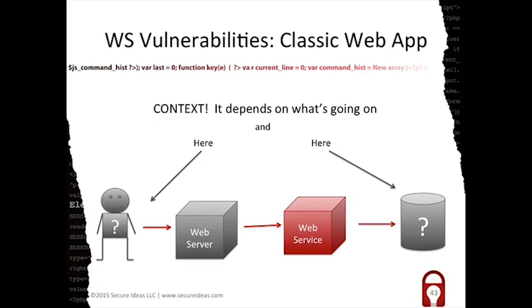In my experience it's better to use a bit of human deduction, I guess, to figure out what is the overall context of the web service, and from there you can try to work out which vulnerabilities are most likely to occur.